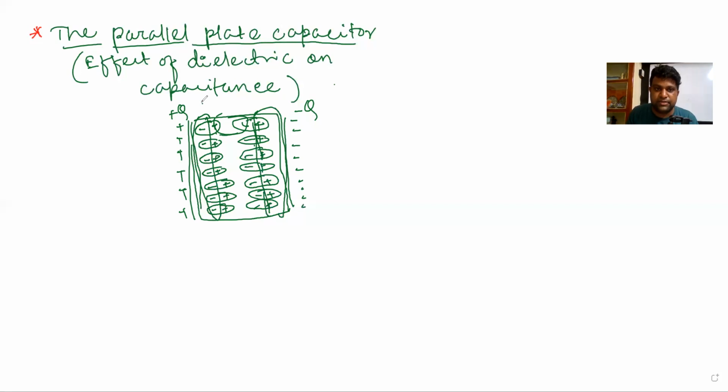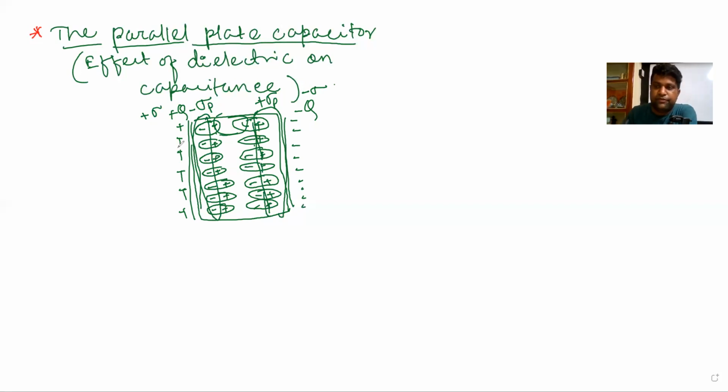We'll write sigma p, that is the polarized charge density, right? So the left side is minus sigma p, and the right side has a charge density of plus sigma p, and the negative plate is minus sigma, the positive plate is plus sigma, the charge density of the plates.